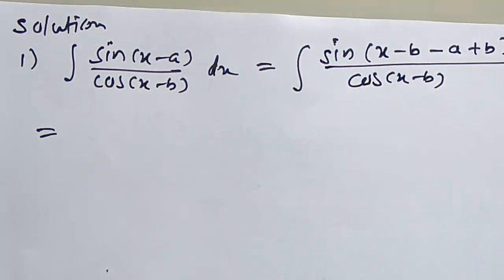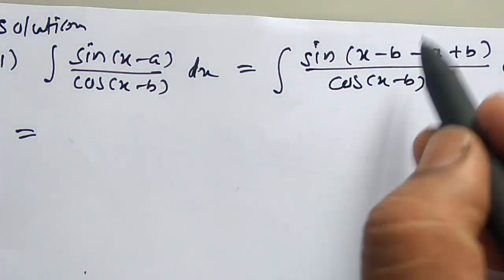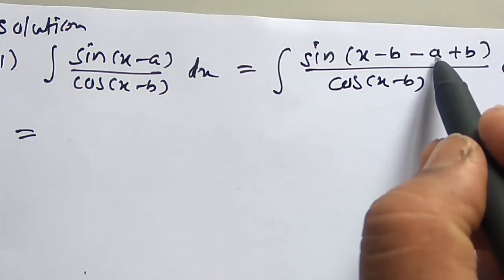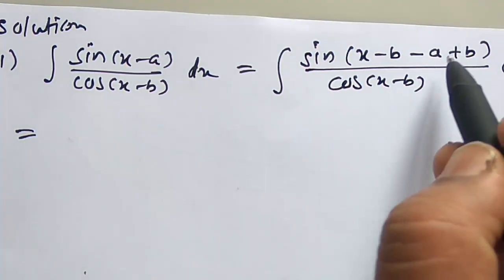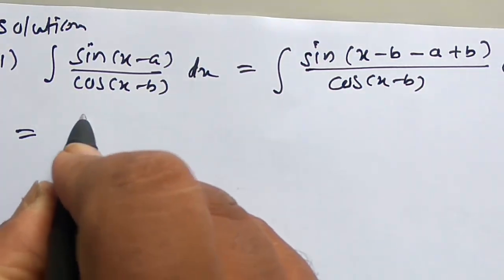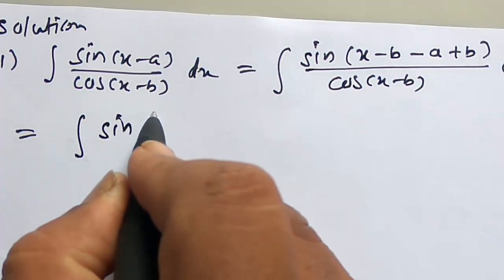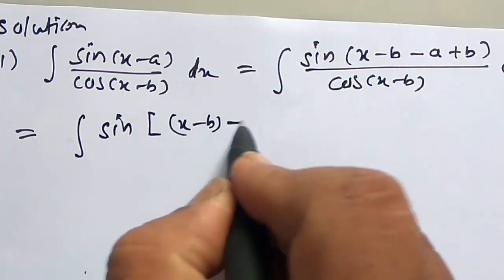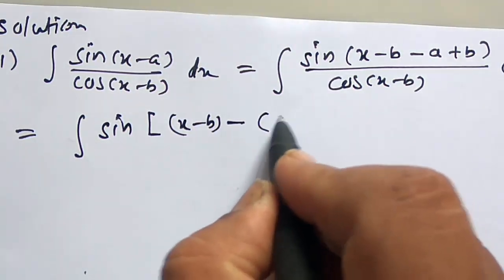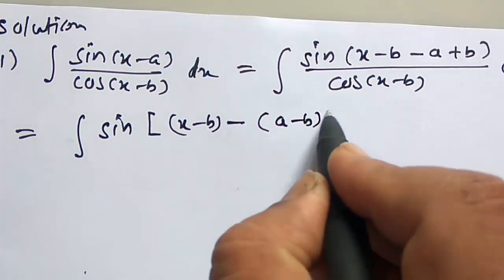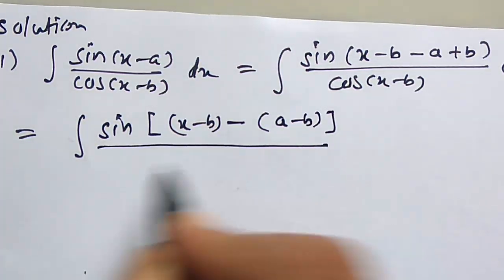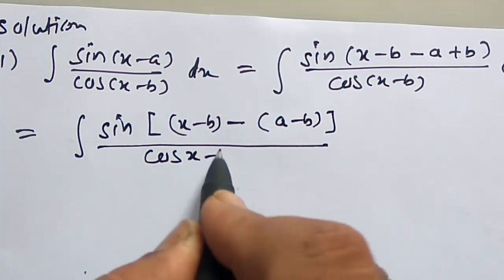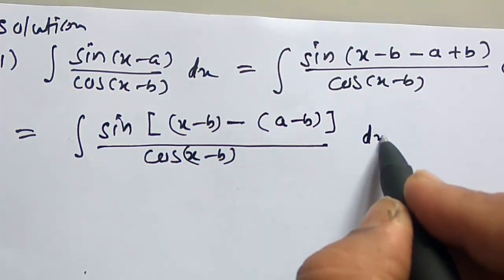Now we take minus sign common from the last two terms. Therefore, integration of sine of bracket (x minus b) minus (a minus b) bracket complete upon cos of (x minus b) dx.